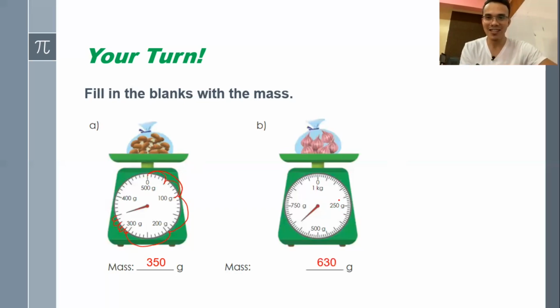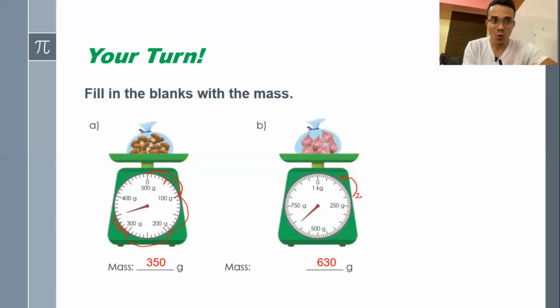And the answer is 630 grams. How did I get 630 grams? Let's count and let's read the mass. 0, 1 big mark, 2 big marks, this is 100. Did you get it?